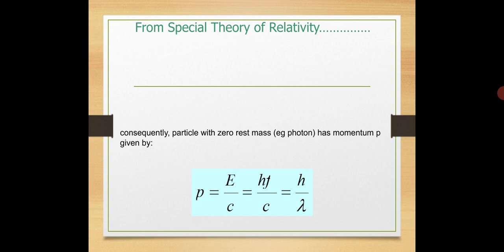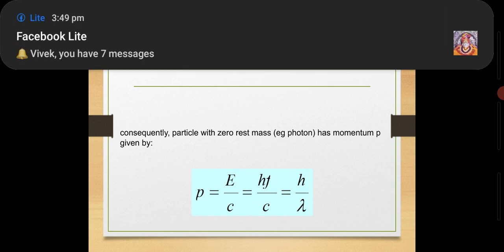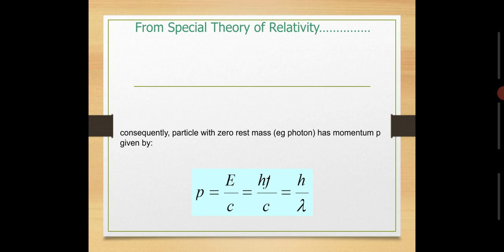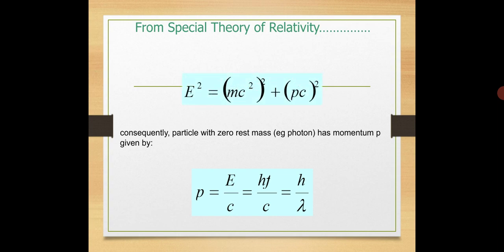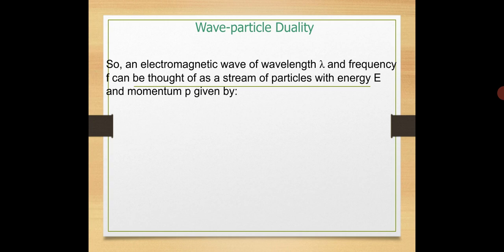From the theory of relativity E is equal to mc square, and considering rest mass, E is the energy, so p is equal to E upon c, where E is equal to hf, and as we know E square is equal to m square c to the fourth plus p square c square. So consequently we come to know p is equal to h upon lambda.